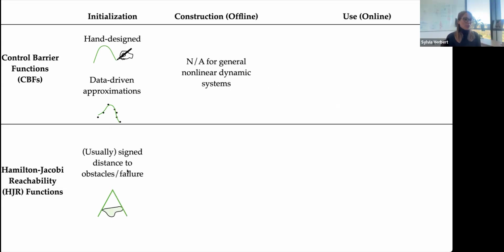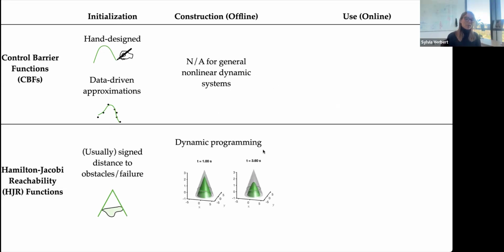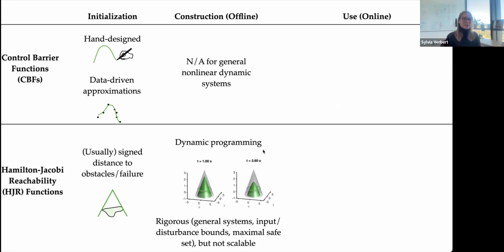In reachability, we usually initialize with a signed distance to obstacles or the failure set, and then we do this dynamic programming. It's rigorous, but it's not scalable. Online, what we get out of reachability is that v dot is greater than or equal to 0. That was the thing that can be overly conservative.